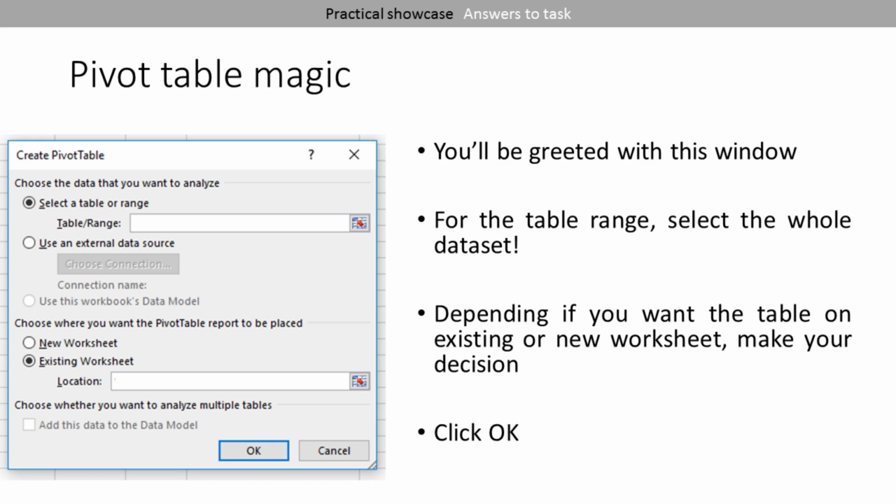After you click the button designated by the previous slide, you will be greeted by this menu, and this is a pivot table menu, and you have to select first the data, which is indicated by the select table or range.